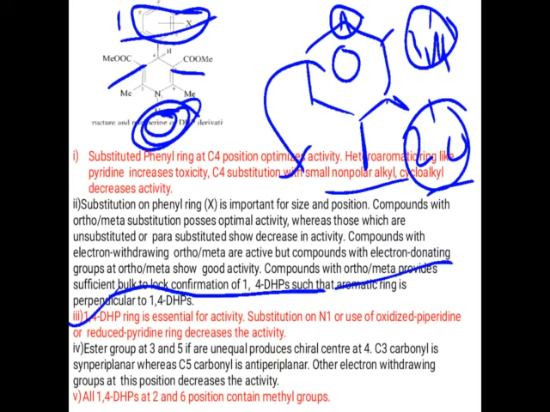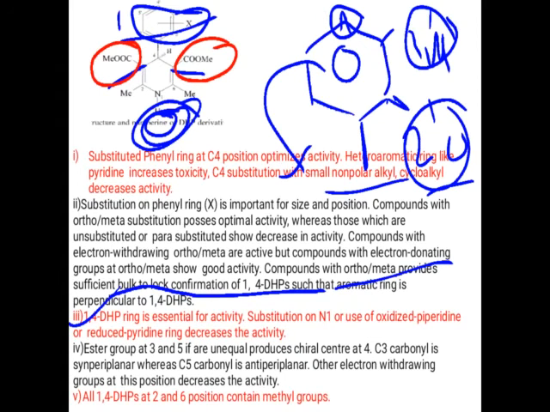Next part, you will observe that at the 5th position and 3rd position, COOCH3 groups, that is the ester linkage or ester groups, are present. If the ester groups at 3 and 5 are unequal, if both groups are different, it produces a chiral center at the 4th position.